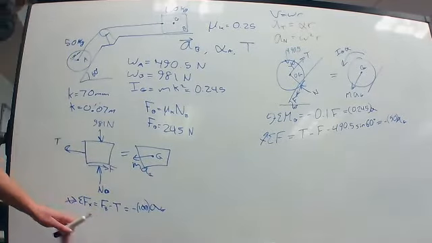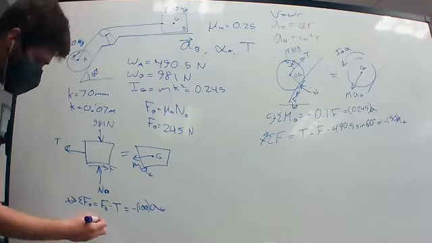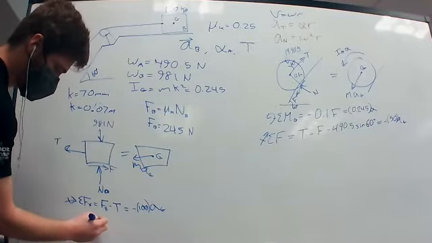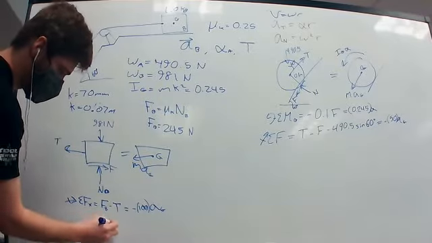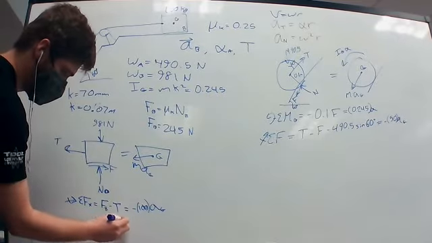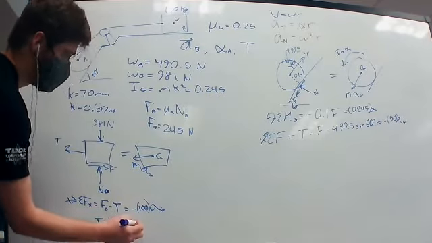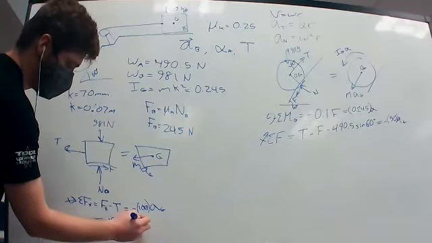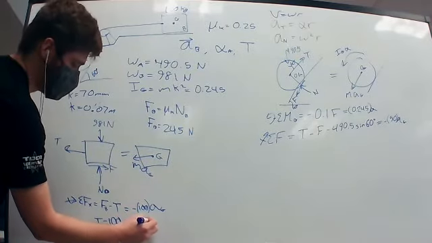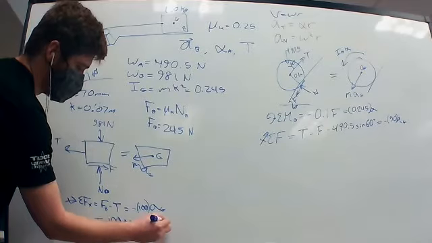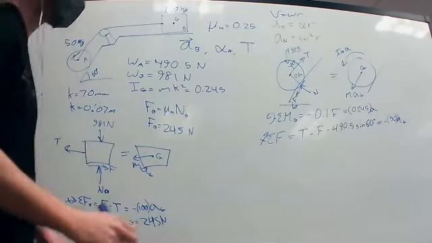So we have solved for FB. So we can go ahead and say that we're going to have T minus 100 AG is equal to 245 newtons. So this is one of our equations.